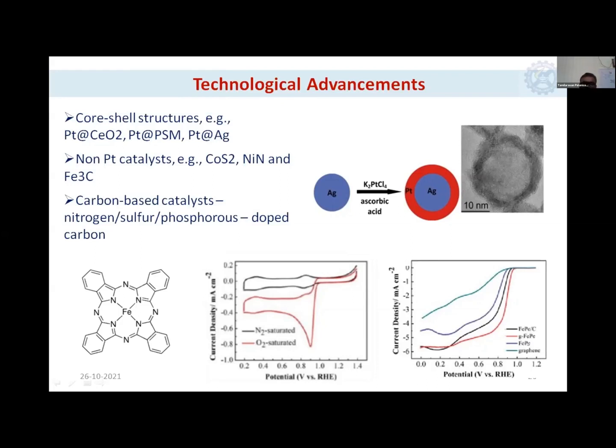It is a pure iron phthalocyanine. Now, if you compare everything together, you can clearly see the graphene-based system, graphene with iron phthalocyanine, gives a much better activity because of the graphene's higher conductivity. You can simply compare it with the pure iron phthalocyanine, that is the blue curve somewhere here. The limiting current is around 3 milliampere per centimeter square, but with graphene, it gives almost 5.5 milliampere per centimeter square.